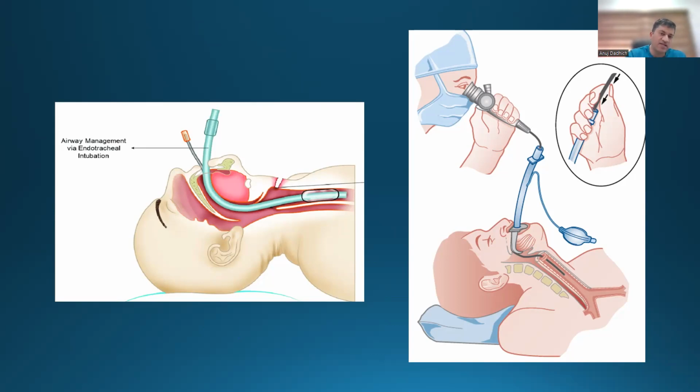So that is much safer compared to orotracheal or nasotracheal intubation because it completely eliminates the need for laryngoscopy and it minimizes the risk of causing rupture and aspiration pneumonia.